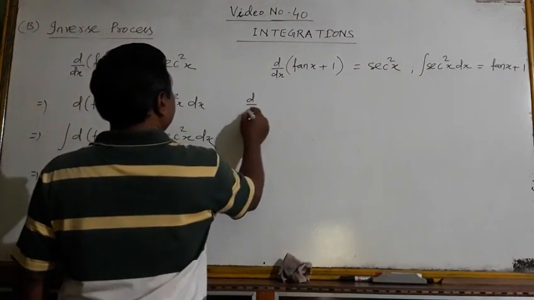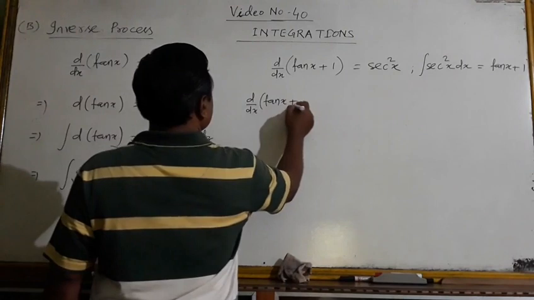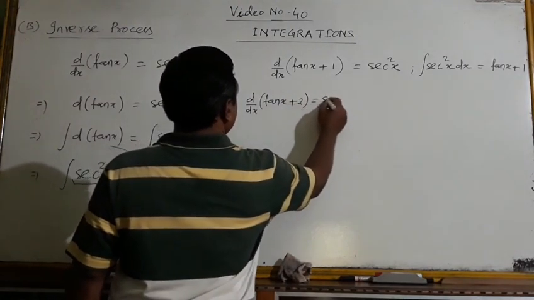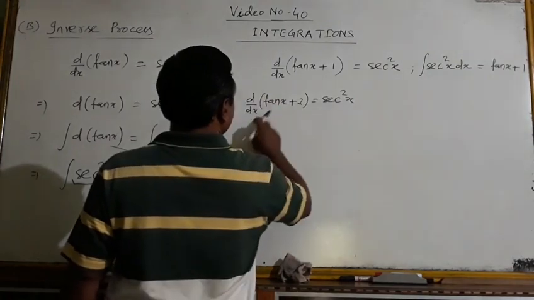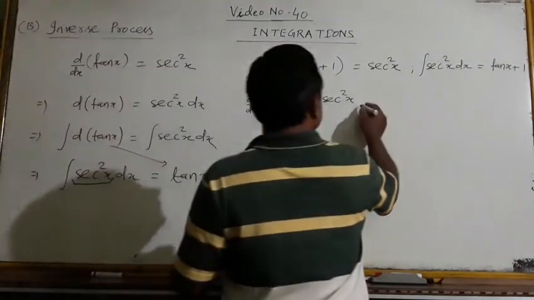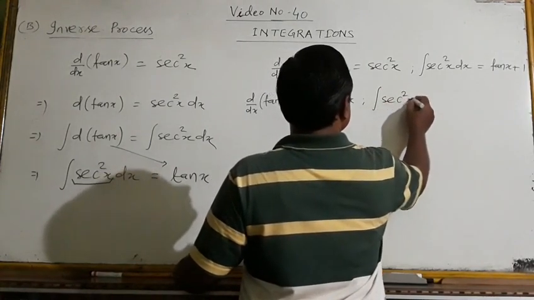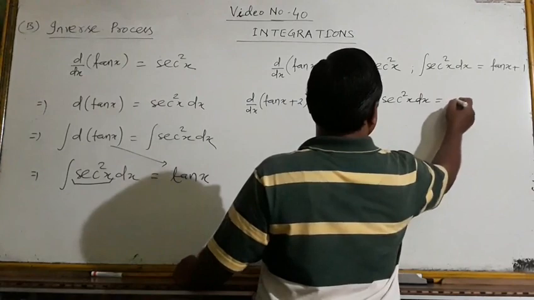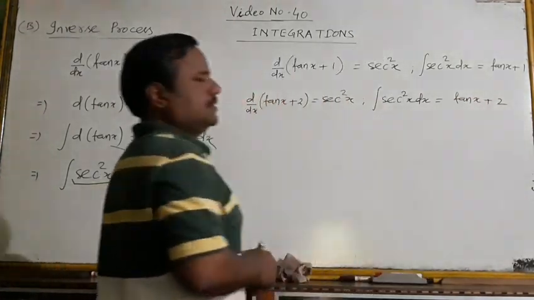Then someone will ask, sir, the derivative of tan x plus 2, is it sec square x or not? Because the derivative of tan x is sec square x and the derivative of 2 is what? 0. So then that person will say, sir, the integration of sec square x is also tan x plus 2. I will say yes.